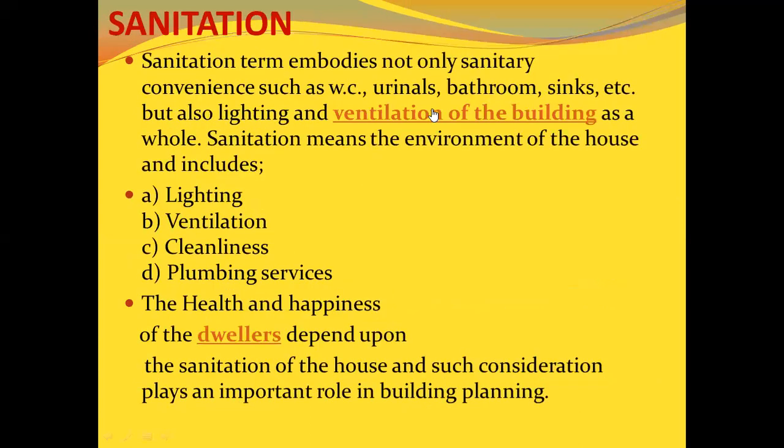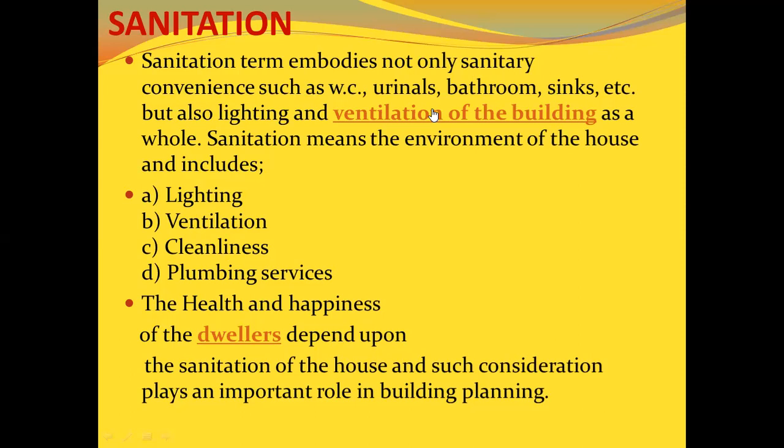Next is about sanitation. The term sanitation embodies not only the sanitary convenience of wash, urinal, bathroom, sinks, etc., but also the lighting and ventilation of the building as a whole. Sanitation means the environment of the house, which should include lighting, ventilation, cleanliness, plumbing services, etc. The health and happiness of the dwellers depend upon the sanitation of the house.